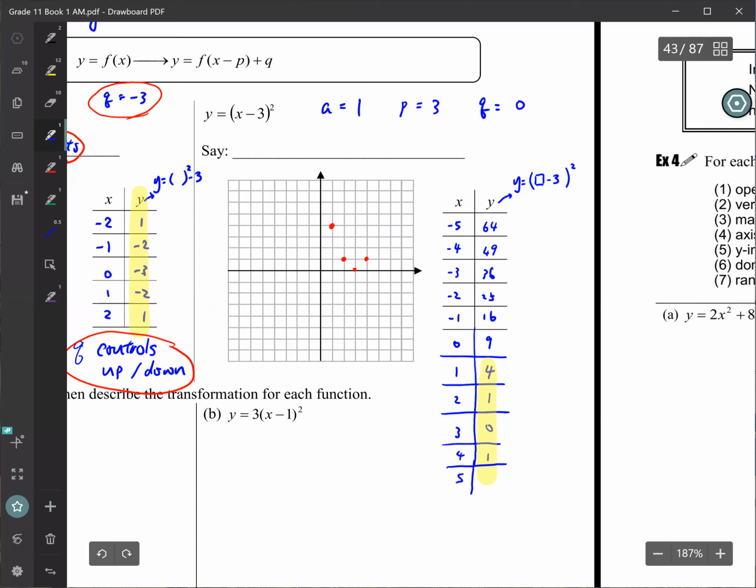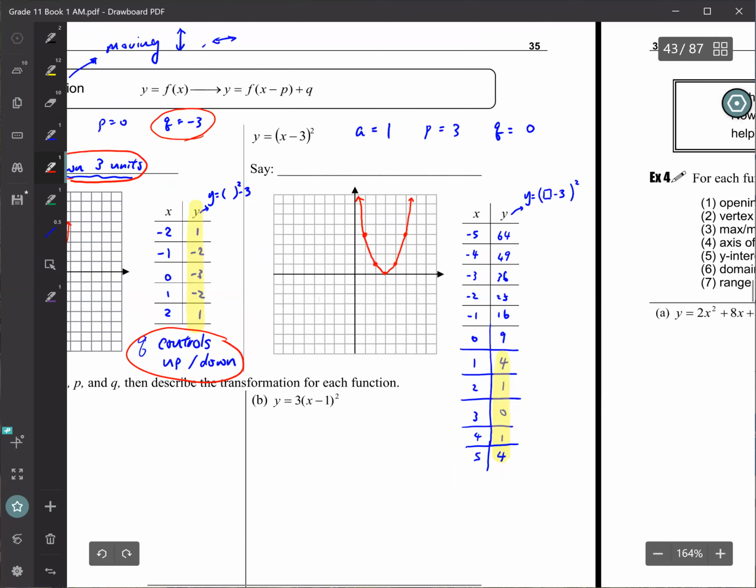So 5 will give you a 4, right? So go back up. So actually the complete parabola is here. Otherwise, the one on the left side, the value is too big and out of the chart. So it was a good guess, right?